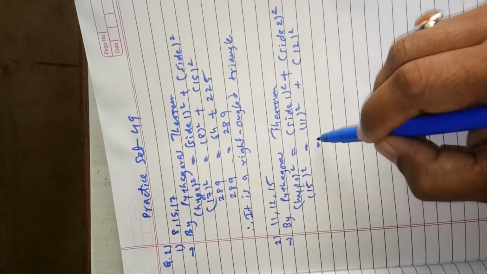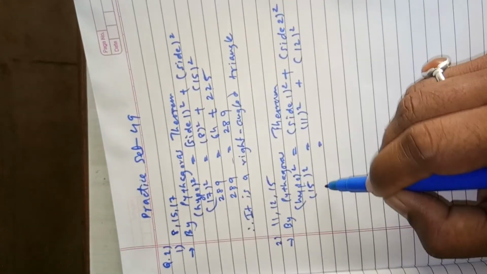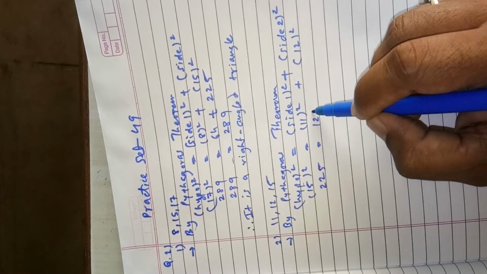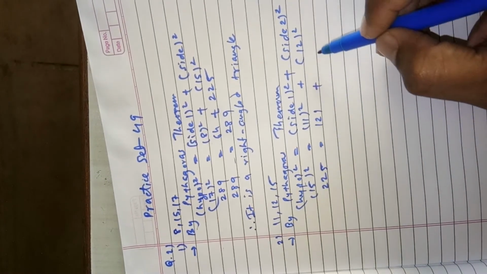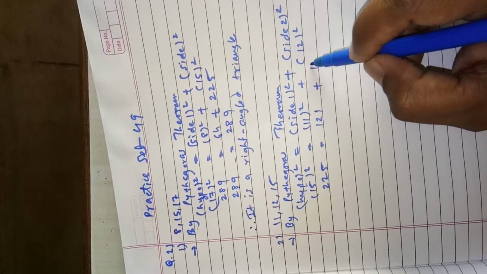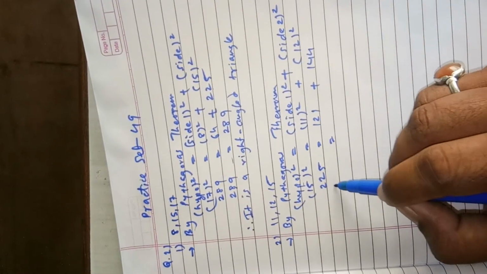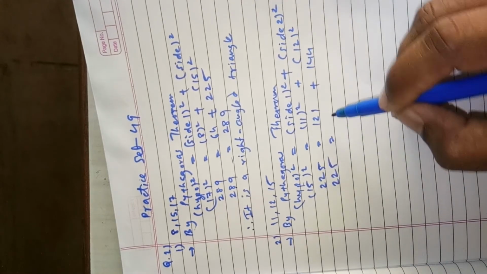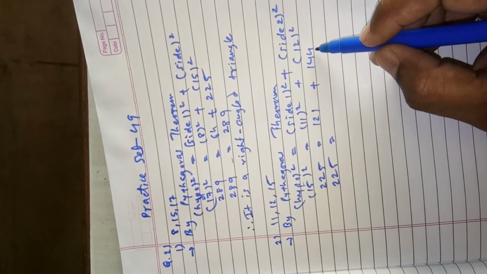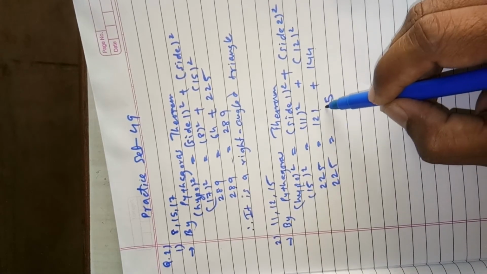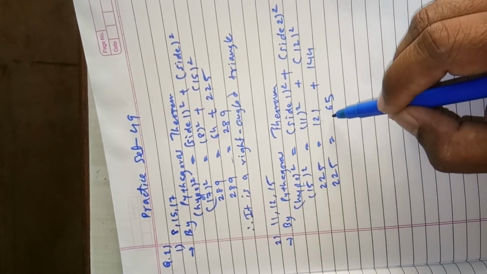Now find the square of 15. Just now we got that, it is 225. 11 square is 121 plus 12 square is, very good, mashallah, 144. Now 225 is here. Now 121 plus 144: this 4 plus 1 is 5, this 4 plus 2 is 6, this 1 plus 1 is 2.